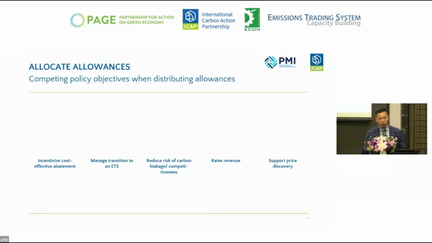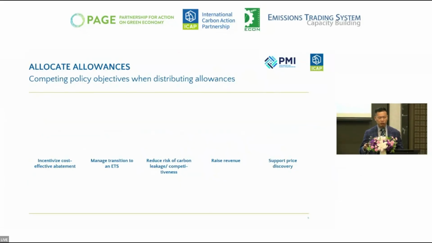When we discuss allocation, we need to think about some policy objectives. Through allocation, we want to achieve some goals. The first is to provide incentives for cost-efficient abatement.